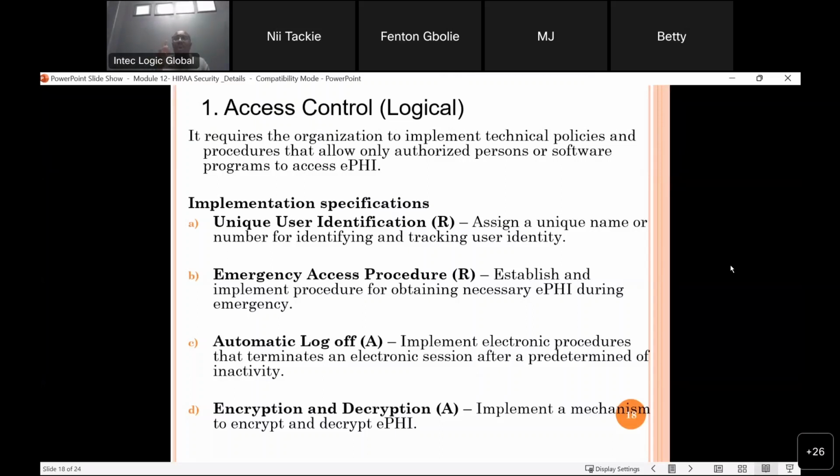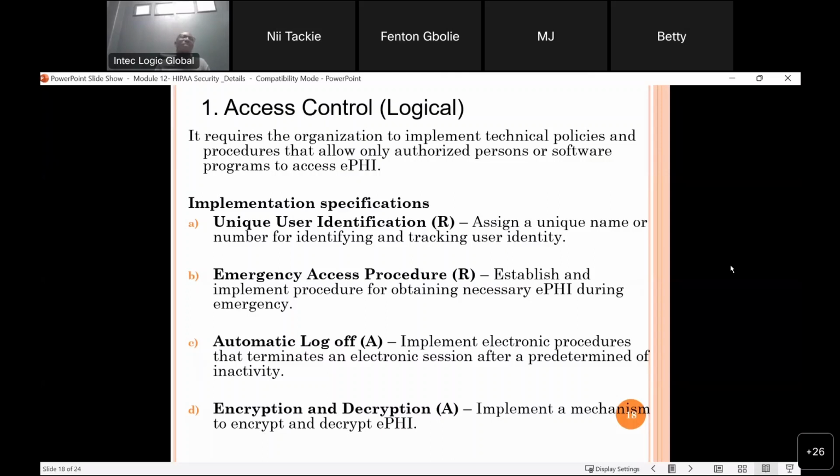Authorized persons or software programs, right? Good. First one is unique user identification. Assign a unique name or number for identifying and tracking user identity.